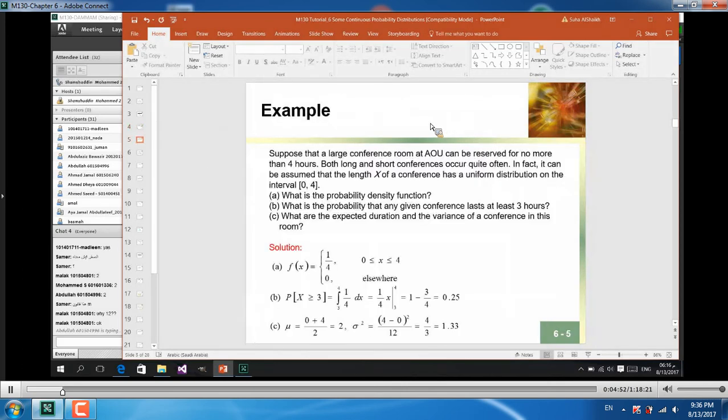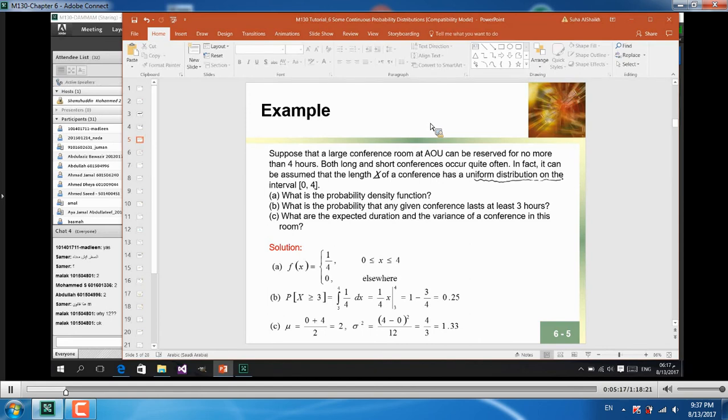Here's one more example. Suppose that a large conference room at AOU can be reserved for no more than 4 hours. Both long and short conferences occur quite often. In fact, it can be assumed that the length x of the conference has a uniform distribution on the interval 0 to 4.